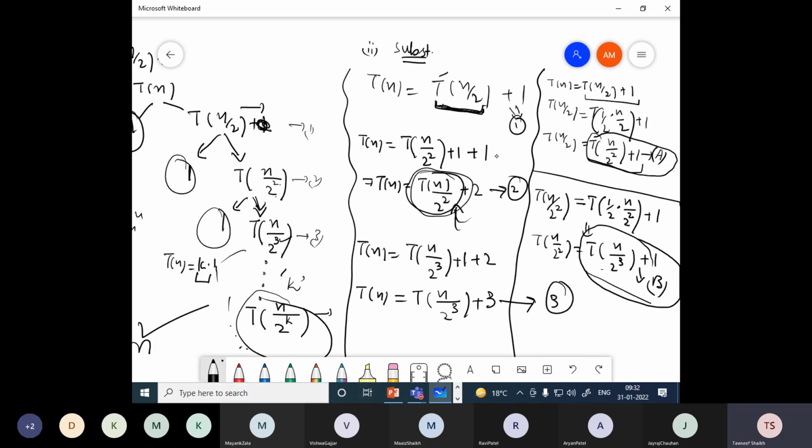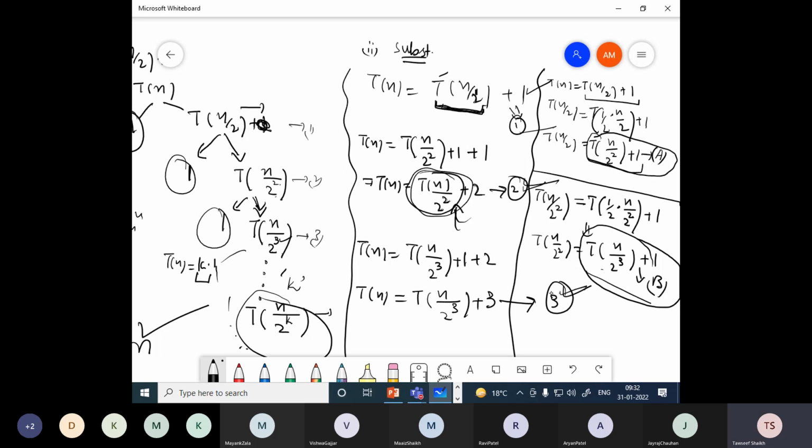If we see equation 1, equation 2 and equation 3, there definitely is a pattern present in the equations. What is that pattern? When it is equation number 1, 2 is raised to the power 1, and that will again be equal to 1. When it is equation number 2, 2 is raised to the power 2 and that 2 is also added here.